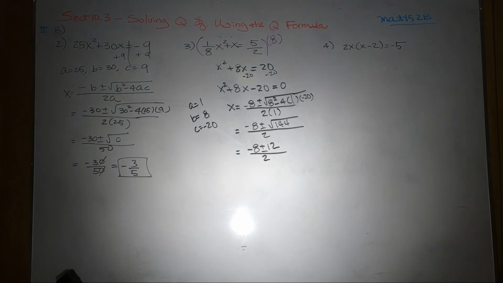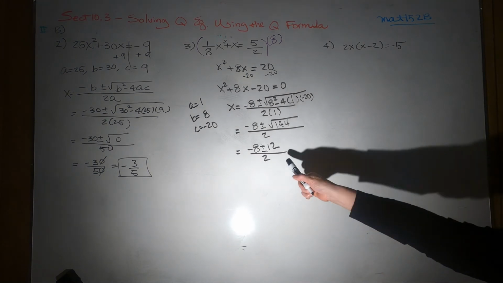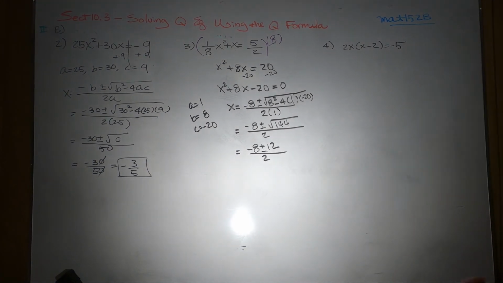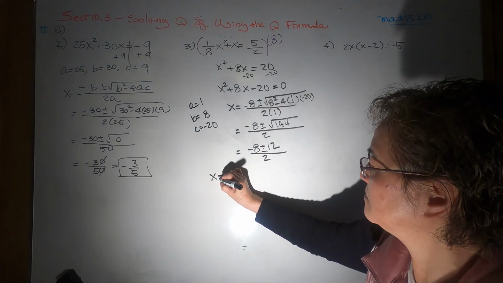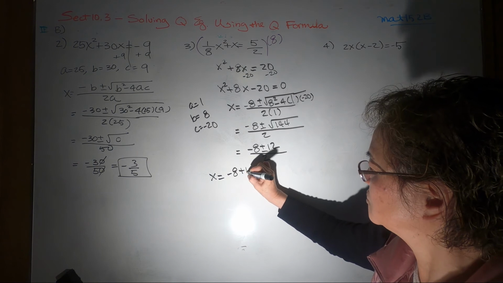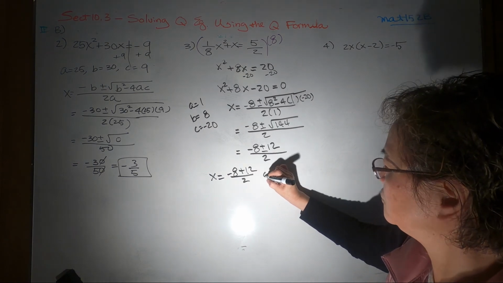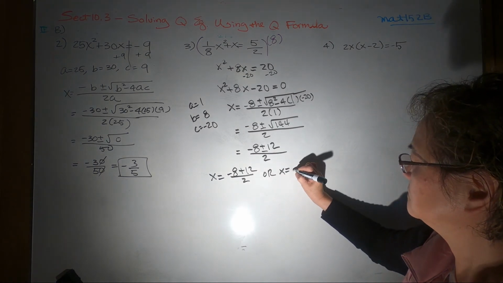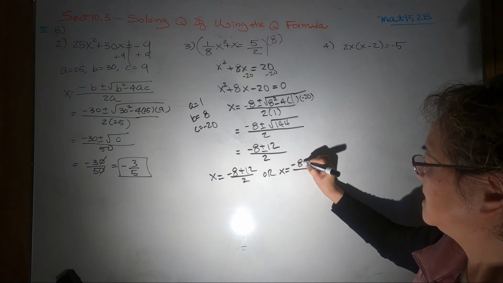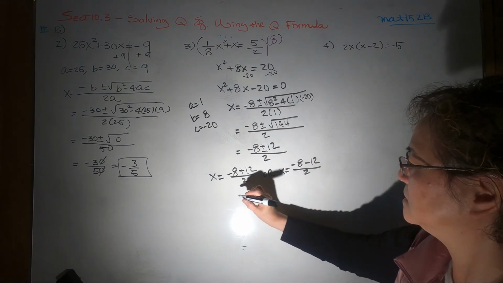Then you have 2 answers. That's your x. But don't give me this answer. You need to simplify, okay? It means x can be negative 8 plus 12 over 2, or x equals negative 8 minus 12 over 2. Write it separately, right?